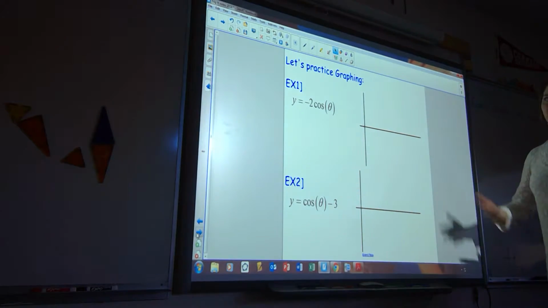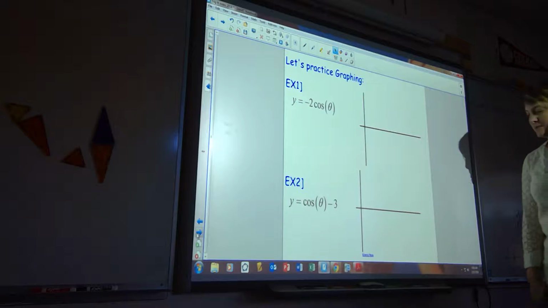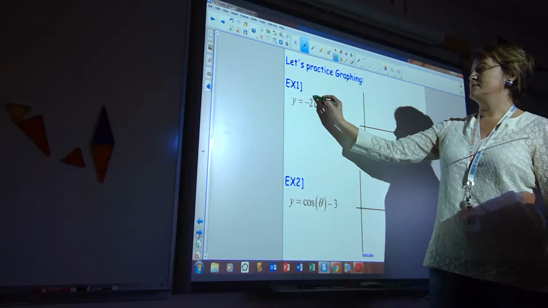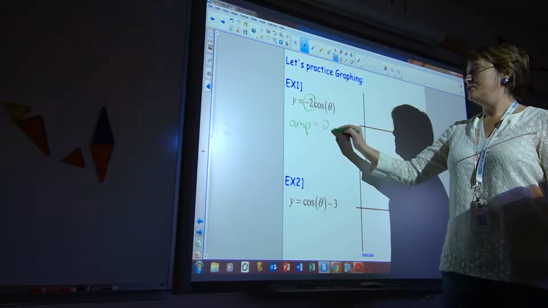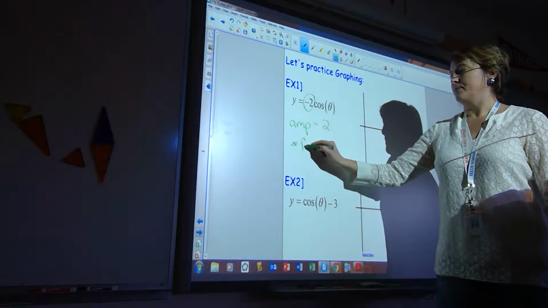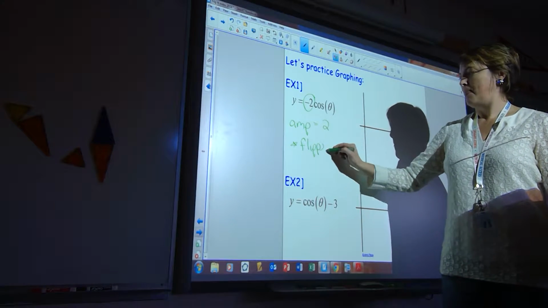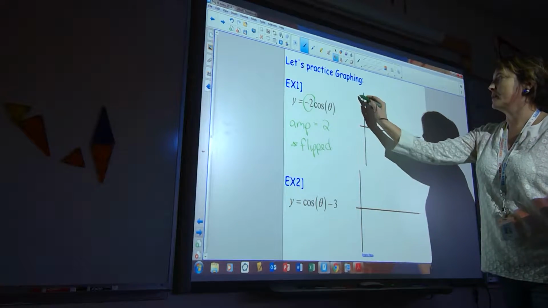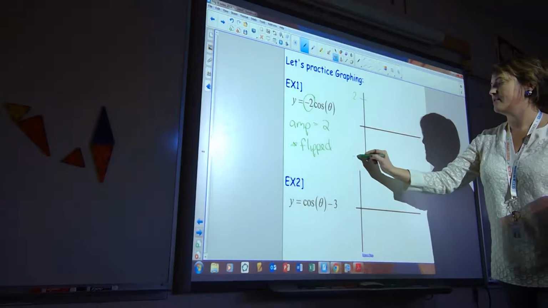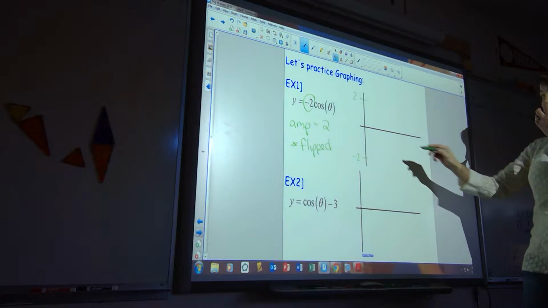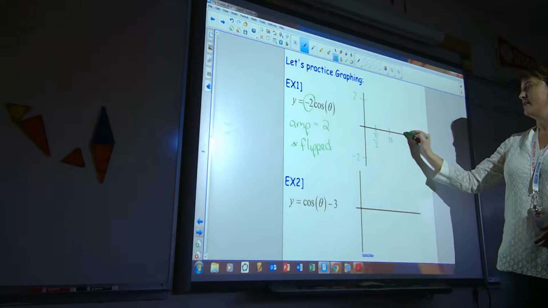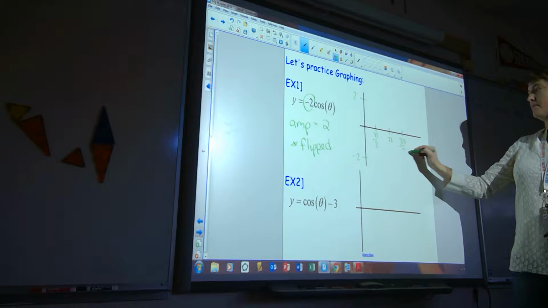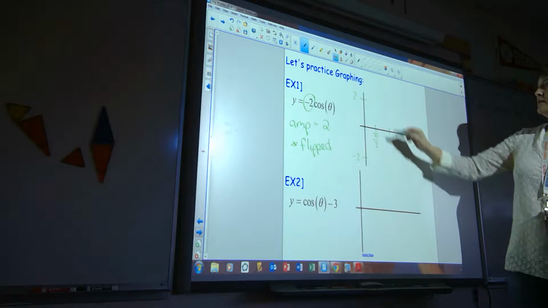When we're graphing, like I said, everything is going to be exactly the same. So this would have an amplitude of 2, but it did get flipped. So we're going to go up to 2, we're going to go down to 2. My tick marks are still going to be the same: pi over 2, pi, 3 pi over 2, and 2 pi.